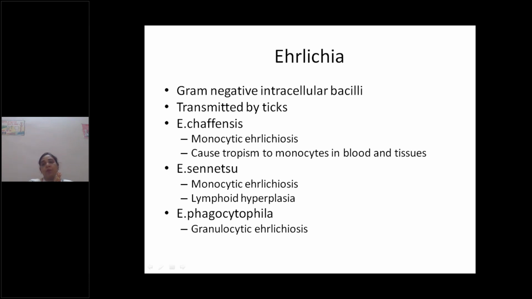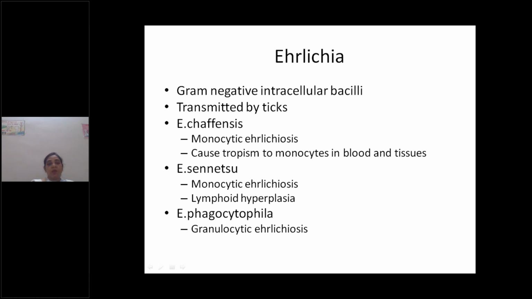It is Q fever. It is usually transmitted by inhalation of infected aerosols of cattle. Okay, now this Ehrlichia. What are the species? Ehrlichia chaffeensis, Ehrlichia ewingii, and Ehrlichia phagocytophilum.